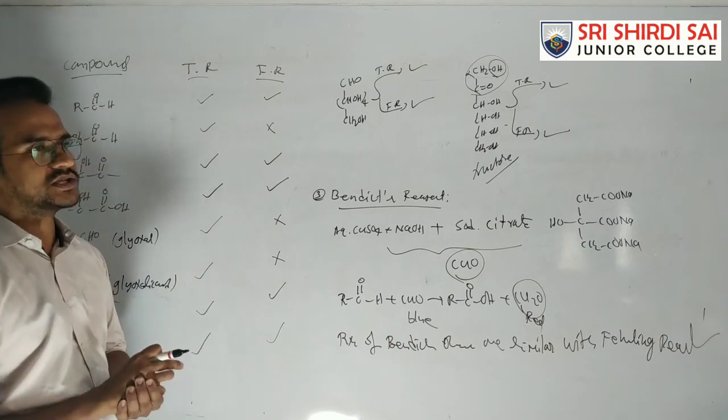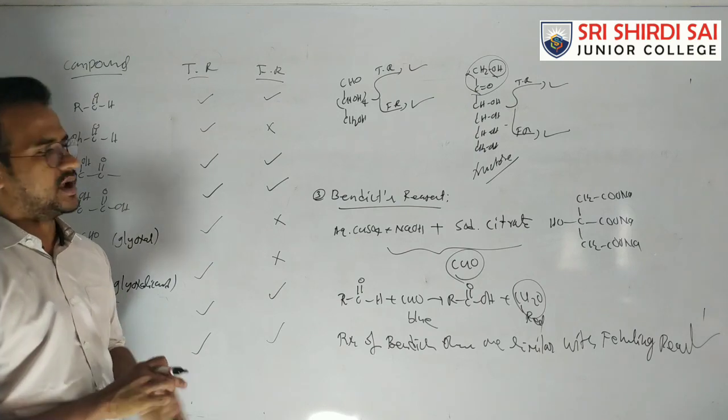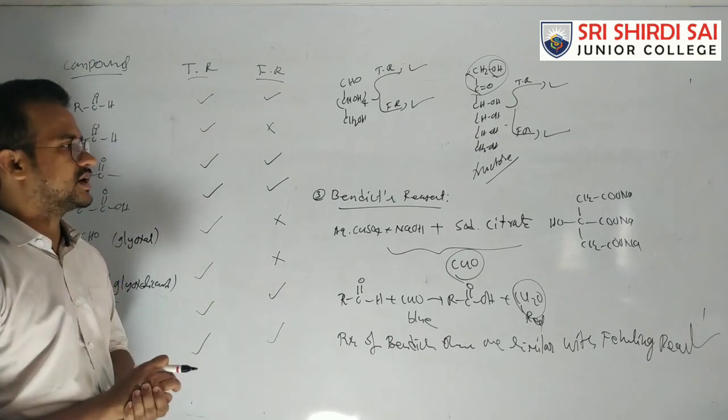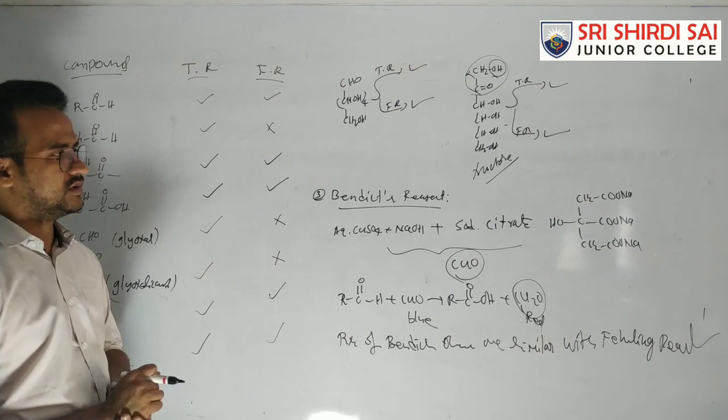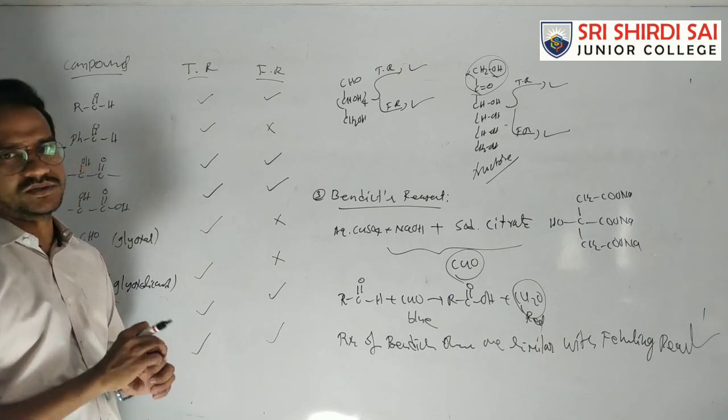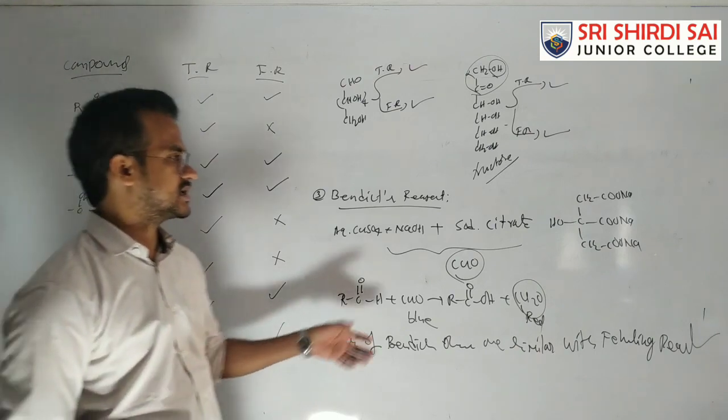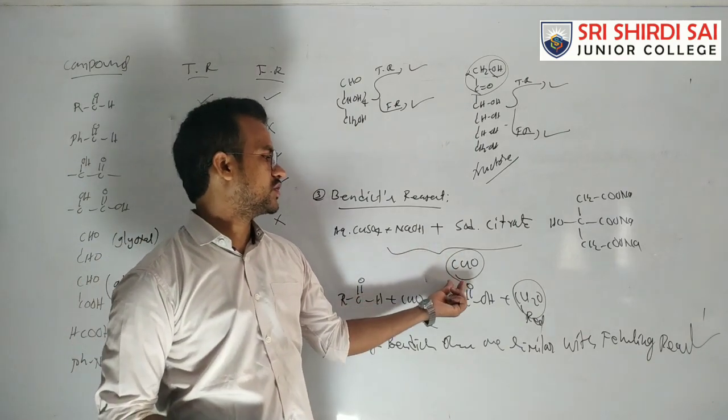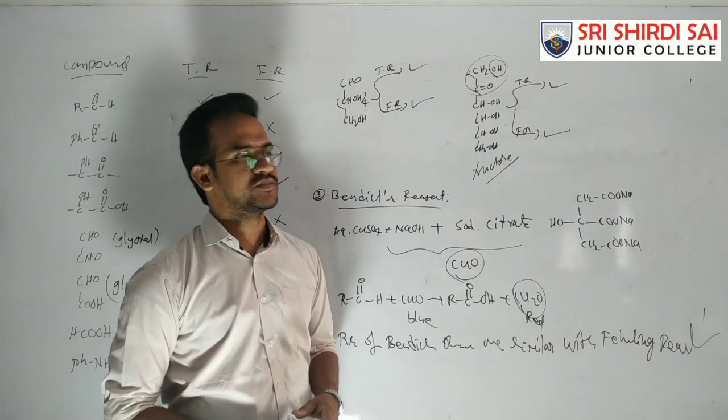That means aromatic aldehydes do not react with Fehling's reagent, and similarly aromatic aldehydes do not react with Benedict's reagent. So Fehling's and Benedict's are almost the same, because here the same type of blue colored compound is converted to a red colored compound.